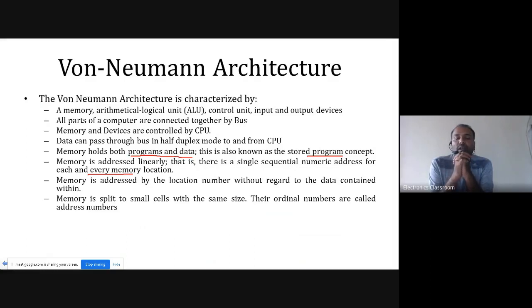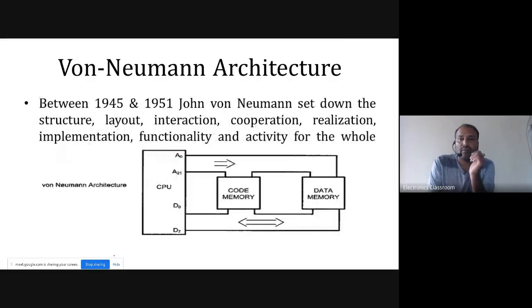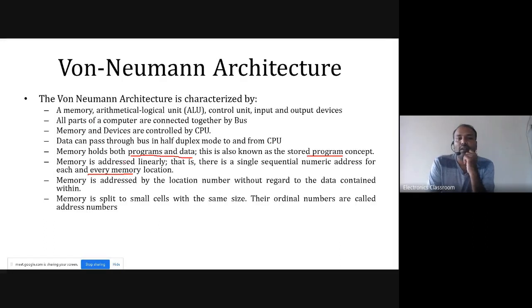As I discussed previously, von Neumann has set down some rules or structure. In the layout, John von Neumann defined that memory should be addressed linearly. What does linearly mean? If the starting address of memory is 000, the next address should be 001, then 002, 3, 4.